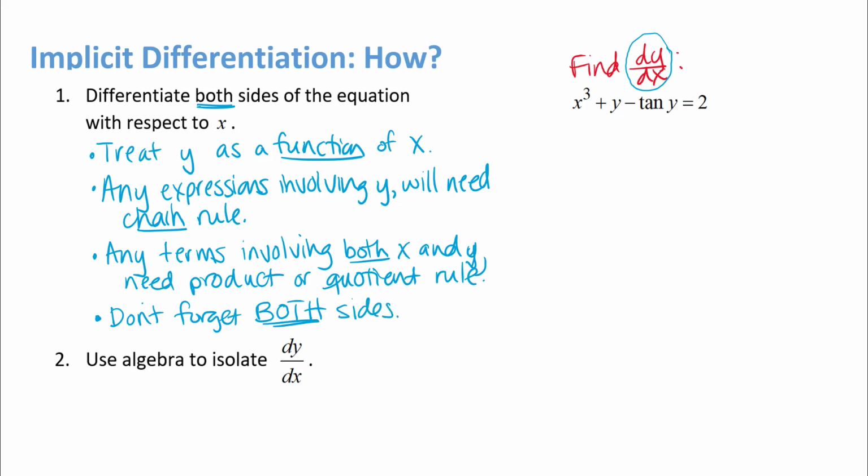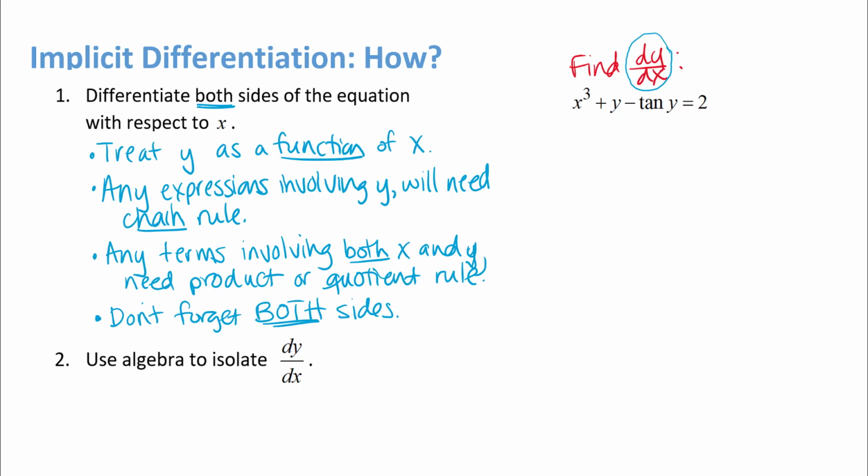Okay, so we're going to do these steps over here on the example we have typed over here to the side. Okay, so we've got an equation where we've got y in the equation, and we can't do algebra to explicitly solve that equation for y, so that I have y equals something completely only in terms of x and no y's over there.